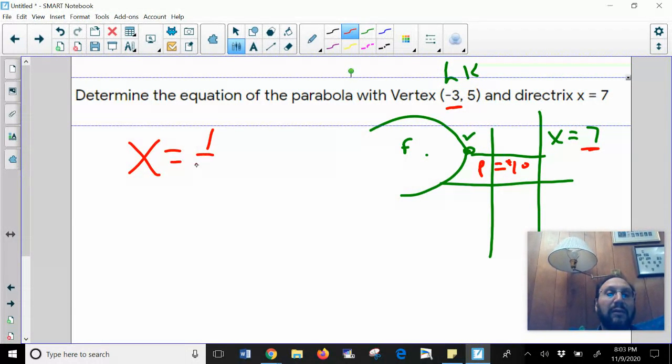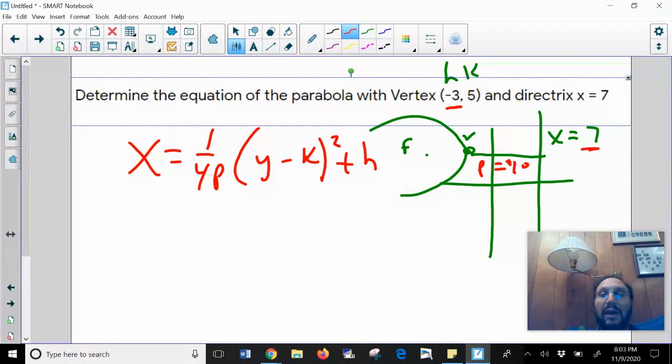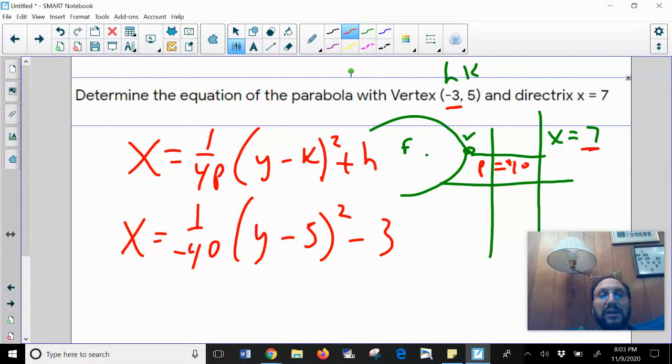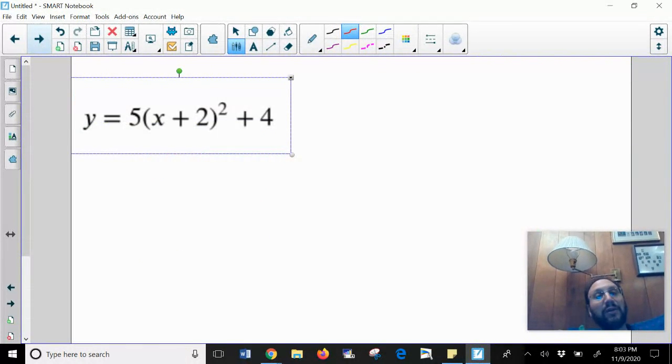So because it's a sideways one, I'm going to use this formula that we used the first time. And my p-value is -10. So my answer is x equals 1 over 4 times -10, and then y minus k, quantity squared, plus h. So that's that. Third type of problem. But they're all the same really.